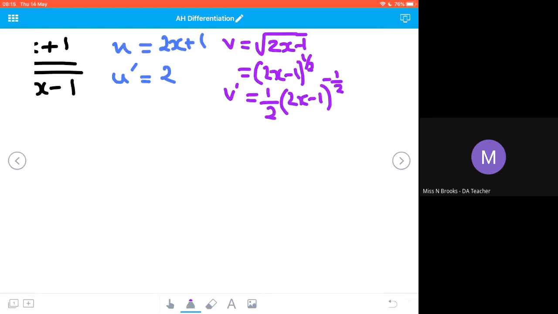And we're going to multiply that by the derivative of the inside of the bracket, which is 2. And you can see that my 2's are going to cancel out. And I'm going to rewrite that as 1 over the square root of 2x minus 1.